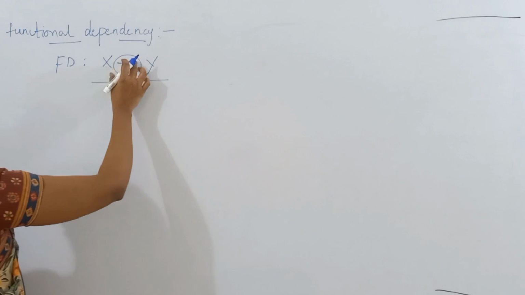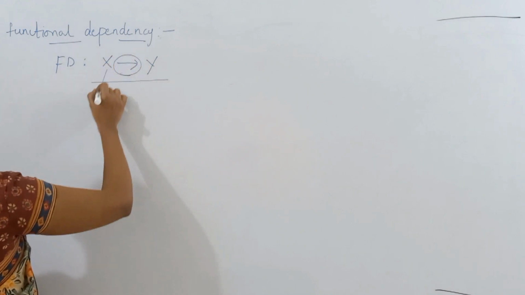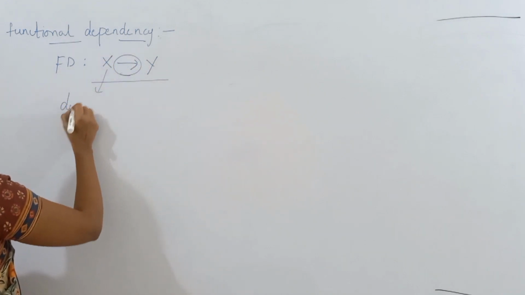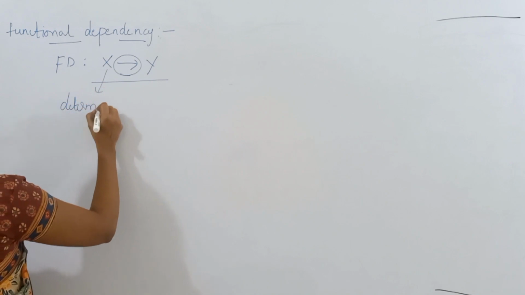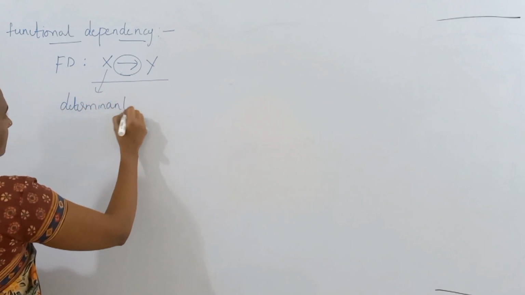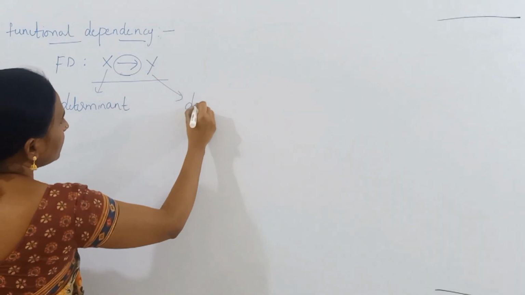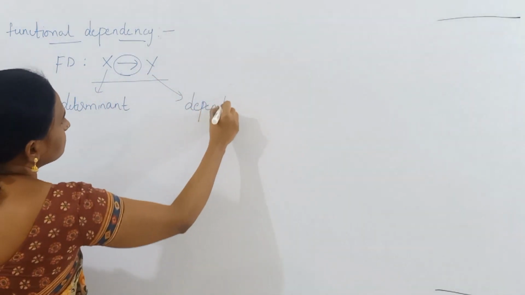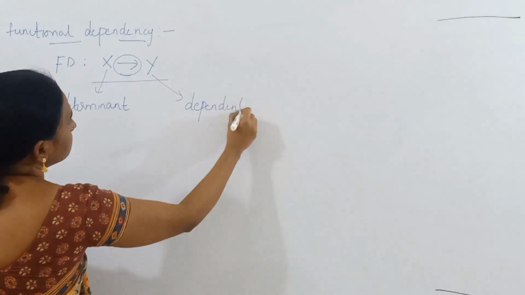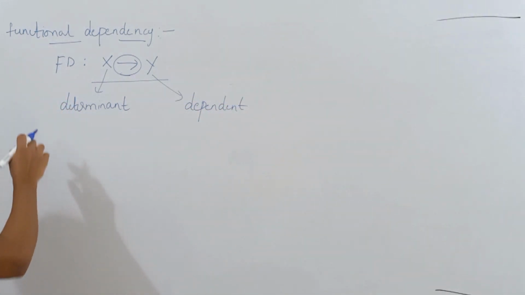The left hand side of the functional dependency is called determinant. The right hand side of the functional dependency is called dependent. So what is a functional dependency?